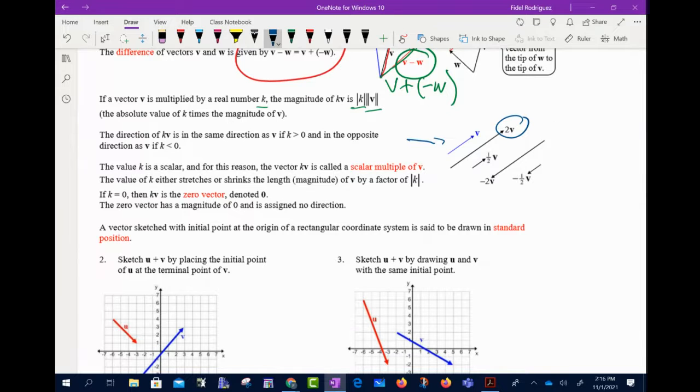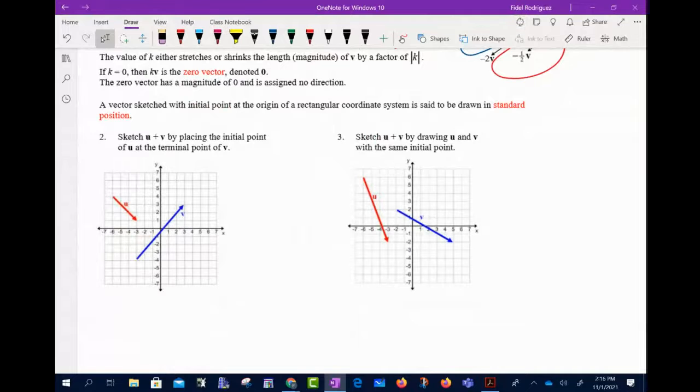Look at 2v. 2v, same direction, it's just twice as long. Half of v, same direction as v, it's just half as long. Look at negative 2v. It's twice the length of v, but now it's in the opposite direction. And the same thing for this one over here, the negative 1/2 v. It's half the length of v, but again, going in the opposite direction.